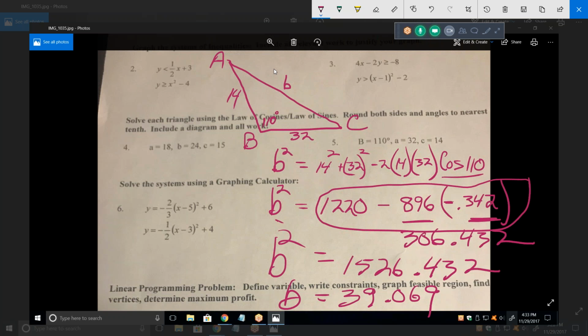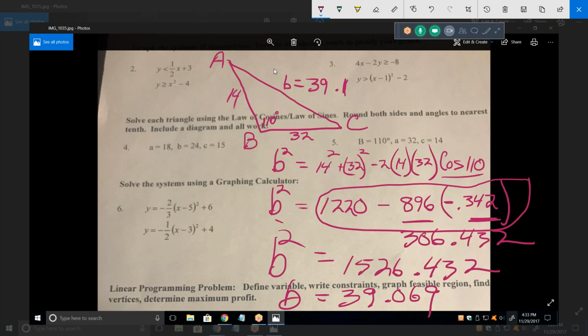So what is b going to be equal to? Since b is the first thing we solved for, let's go ahead and round it off to the nearest tenth. So 39.1. Now what do we do?